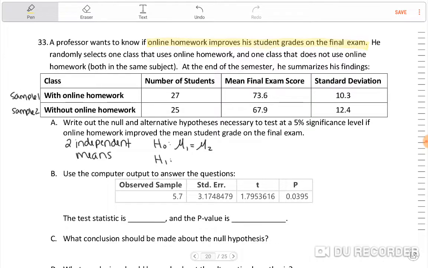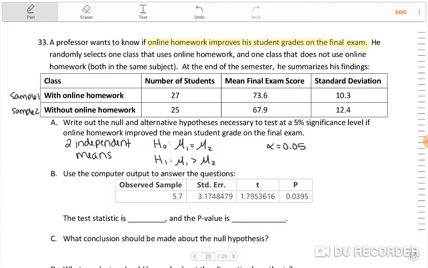So in other words, we want to know if the grades in the online homework were better than the without online homework. So we're going to say we want to know if mu1 is greater than mu2. Okay? And let's see, it does state that alpha equals 0.05. I guess we should go ahead and comment on that.